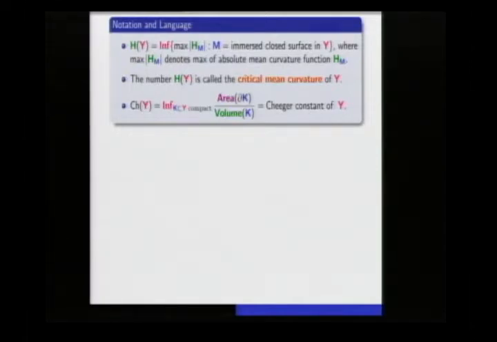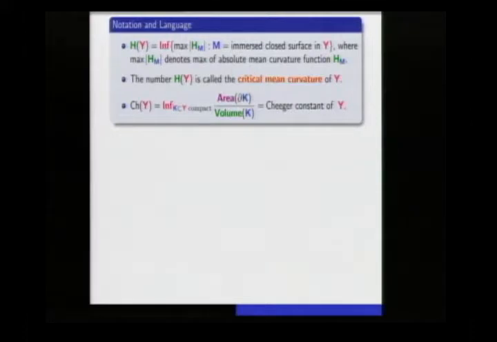If you're looking at constant mean curvature 1 surfaces in hyperbolic space, this is a magic number. These surfaces satisfy all kinds of very interesting properties that other constant mean curvature surfaces don't. So this is a special number, special in lots of ways. We're going to see at least some ways today.